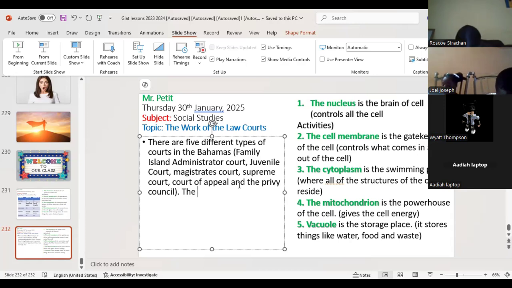Let me just say, the Privy Council is not located in the Bahamas. The Privy Council is in London.